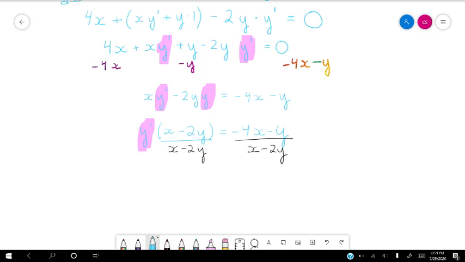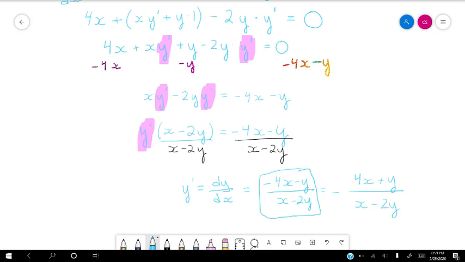And then we're at our y prime. You can write y prime, or you can write dy/dx. I'm fine with either. And we have the negative 4x minus y over x minus 2y. And I'm fine with that format. If you wanted to factor out a negative and bring it out to the front, that's fine too. Okay, so we can write our solutions in different ways.